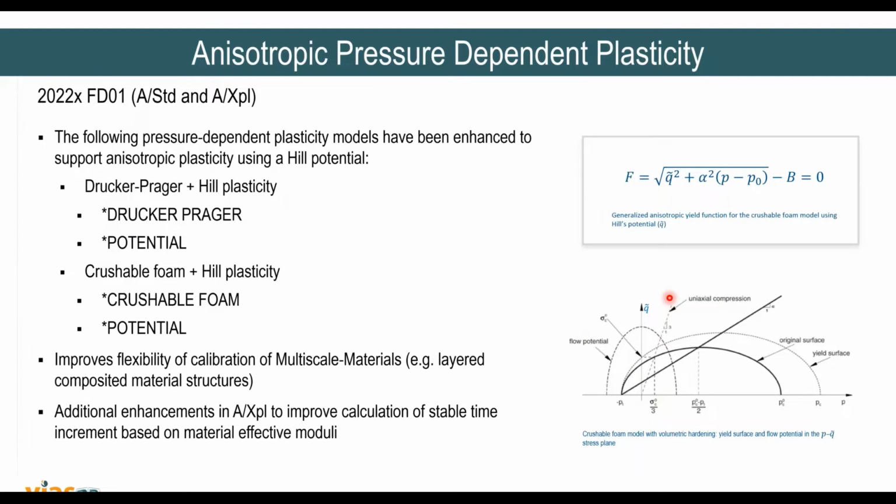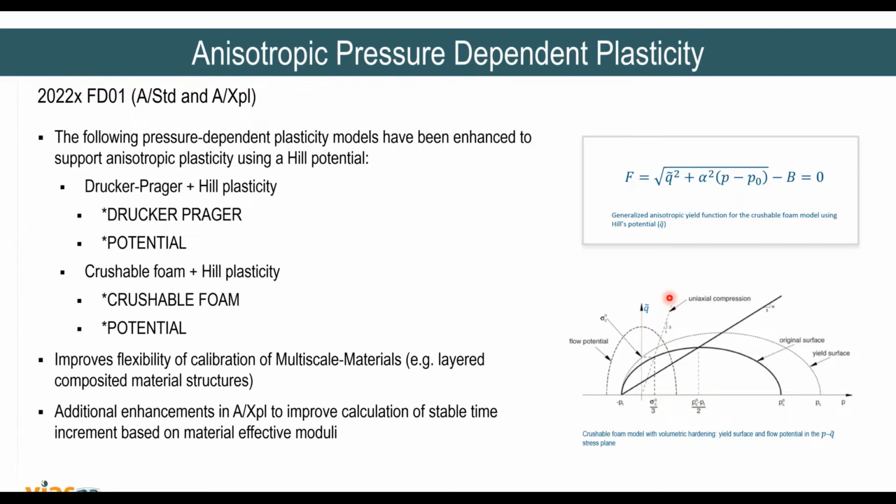Another enhancement that we have is related to anisotropic pressure-dependent plasticity that is available in Abaqus Standard and Explicit. In Abaqus, we have had material models like Drucker-Prager and crushable foam for quite some time. What we have done in this version is allow you to use Drucker-Prager and crushable foam along with Hill plasticity, and that basically allows you to capture the anisotropy.